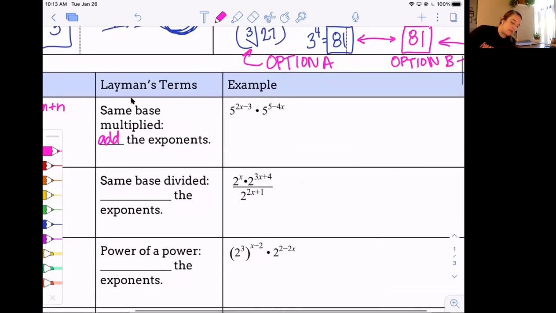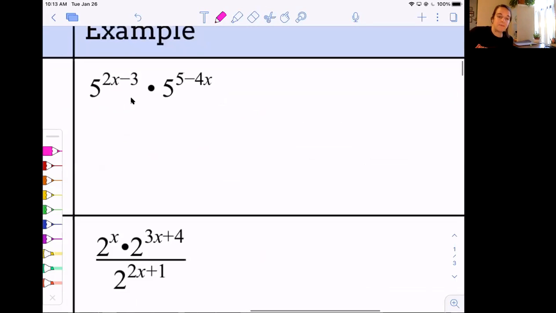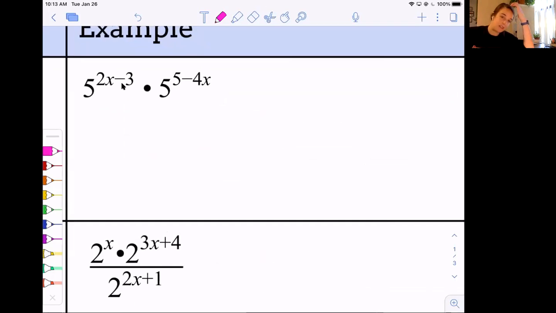So when I look at this example, take a moment to write it down here. I have the same base, so I can add my exponents together.